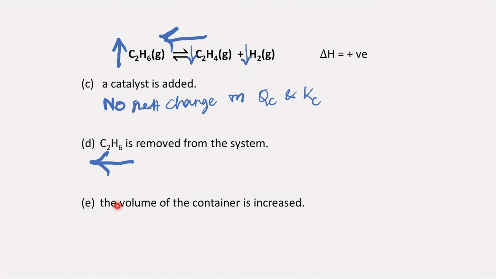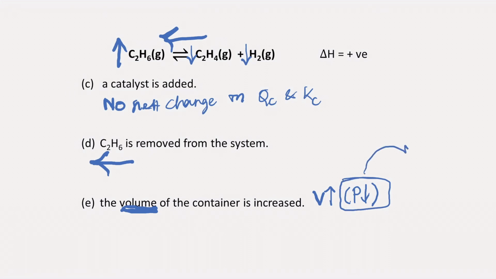So, the volume of container is increased. Okay. Bila kita cakap pasal volume, maksudnya kita akan relate to pressure juga. So, when volume of container is increased, that means your disturbance lagi satu is pressure decrease. Okay. How will your system respond to this disturbance?